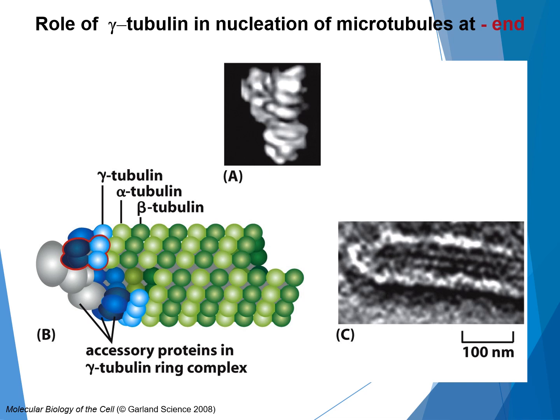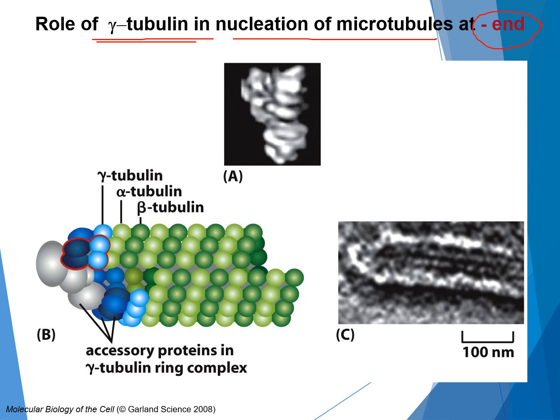Remember that in the microfilament, they need nucleation when they want to expand by polymerizing. In microtubules, they have the gamma tubulin. Gamma tubulin is for the nucleation of microtubules at the minus end.